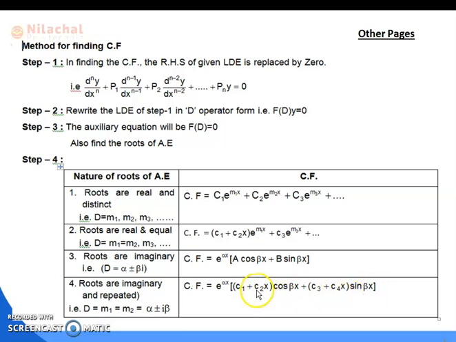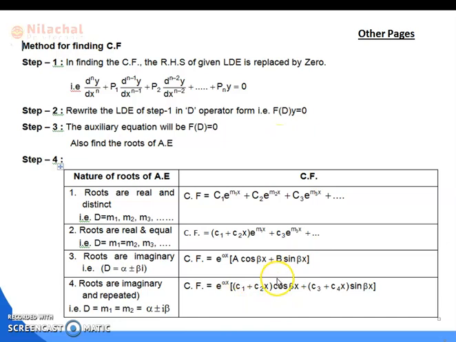Why am I writing this? Because the roots are repeated, as I discussed in the real and equal case, we write C1 plus C2x. Similarly here we write C1 plus C2x, C3 plus C4x. Clear? These are the rules you have to remember and apply in your questions.